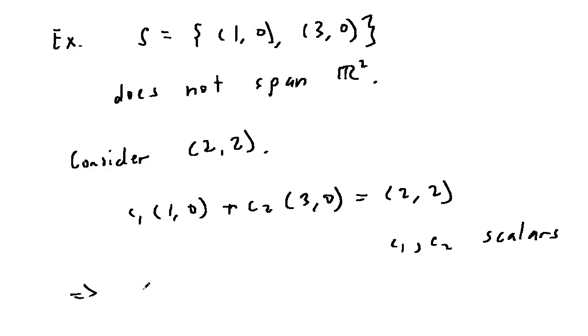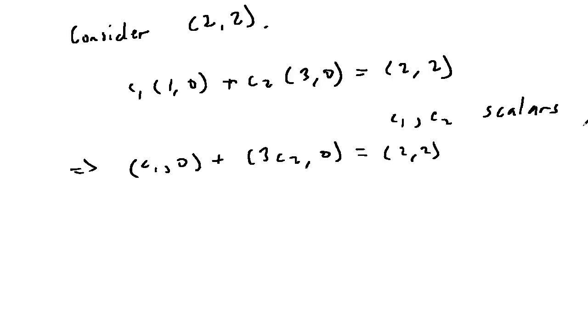But then that means that C1 times 1, 0 plus 3 C2 times 1, 0 is equal to 2, 2. So we get this.